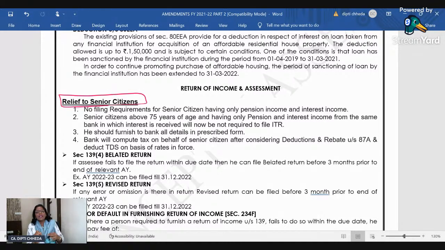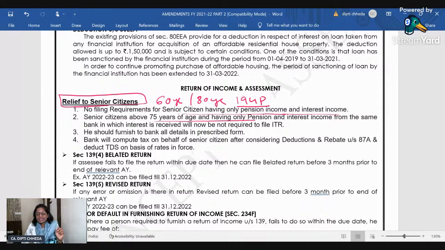Listen carefully. Whenever we use the word senior citizen, we say senior citizen 60 years, super senior citizen 80 years. Here, for this section, one addition you have to make, I'm talking about 194P. This is for senior citizens who are having only pension income and interest income, and the senior citizens above 75 years and up.